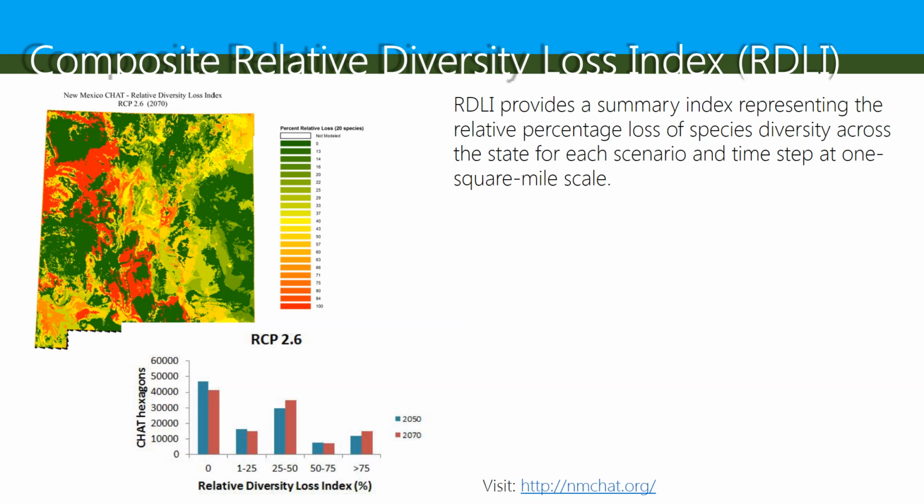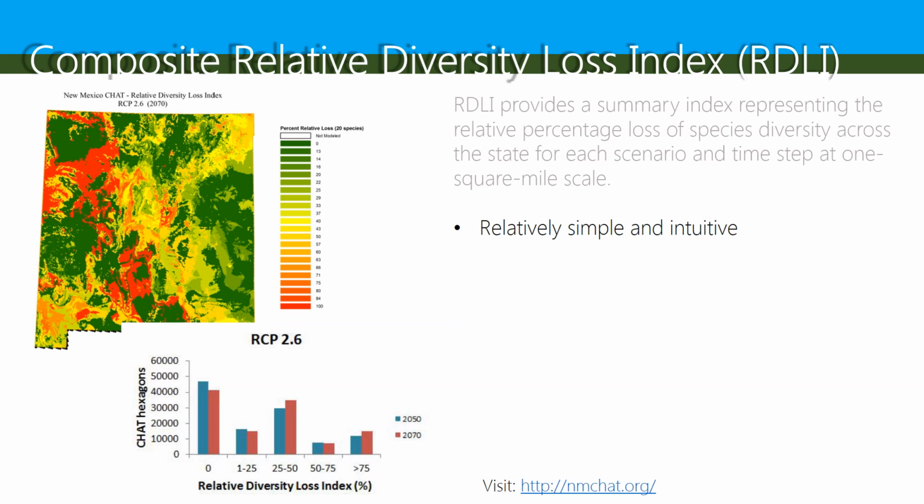The red on the map shows that there are more species lost in those regions of New Mexico in the year 2070 using RCP 2.6, compared to the green areas with fewer species lost. A summary of the map is reflected in the bar graph, where you see that about 20,000 hexagons have greater than 75% of the species lost.